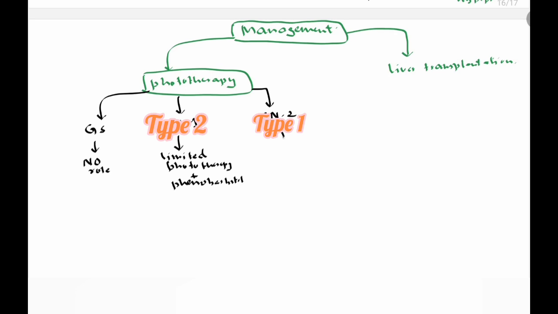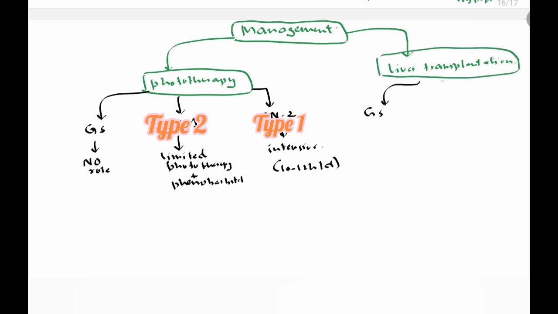And liver transplantation may be required in type 1 Crigler-Najjar syndrome, while it is not required in Gilbert syndrome. In type 2 Crigler-Najjar syndrome, it may be required according to severity.